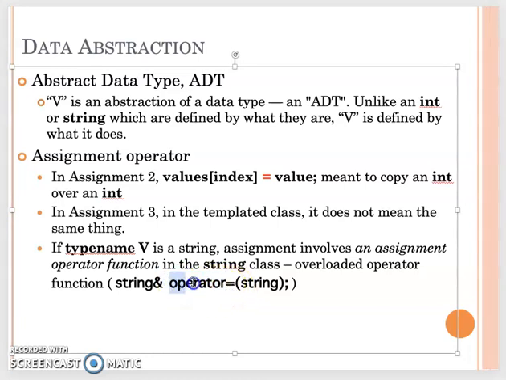This highlighted operator equal sign is the overloaded operator function name. Then the parameter will be the object you want to assign. Remember we assign from the right-hand side to the left-hand side, so the parameter will be another object reference for the assignment operator. We will talk about this in more detail in a future class. If a user uses their own defined type with our array, we need to be careful to see whether we need to overwrite the assignment operator function or not.